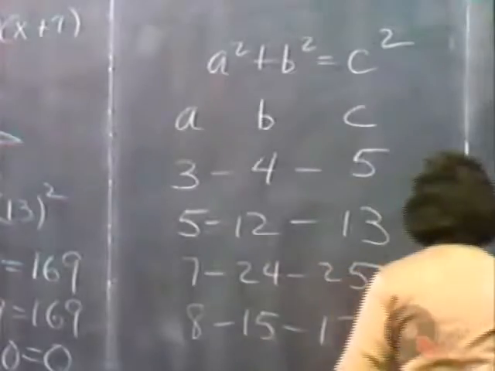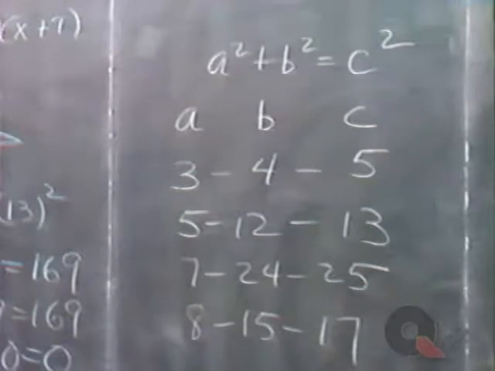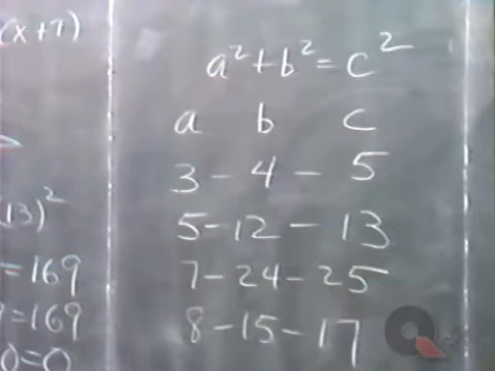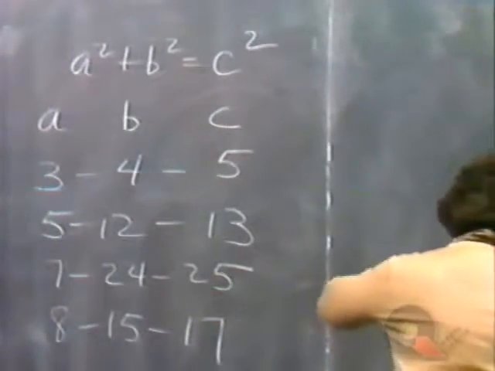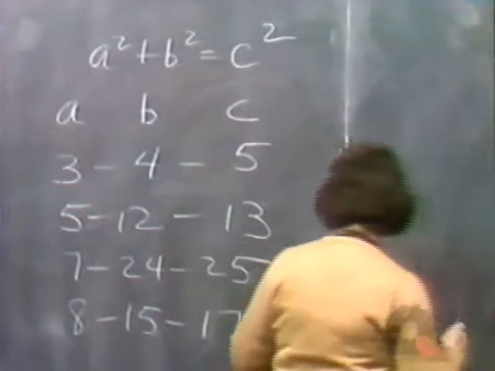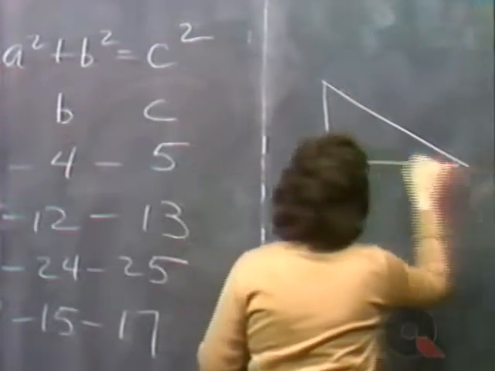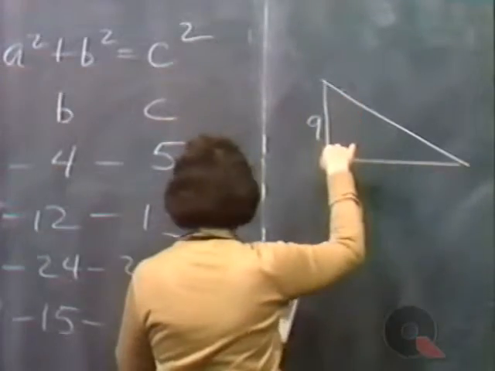Let's try another example, mixing what we now know about the Pythagorean theorem with area and perimeter of triangles. Let's say we have a right triangle, and I tell you that this leg has length 9.